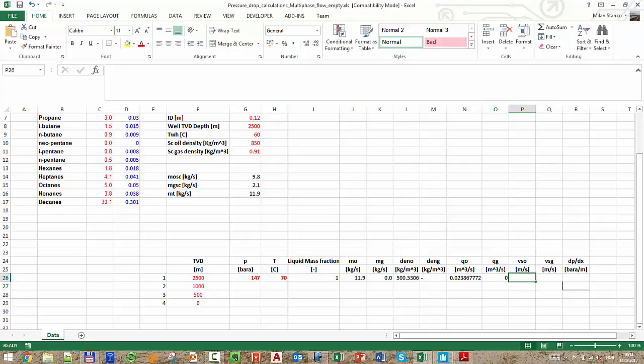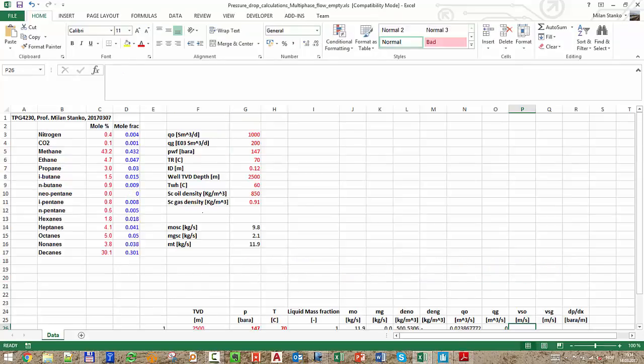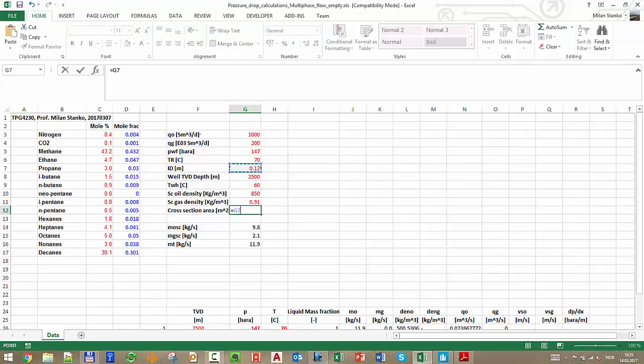The superficial velocity of the oil is the rate of the oil divided by the area, and the area we can calculate here and call it cross section. That's the diameter squared times pi times 0.25, right?